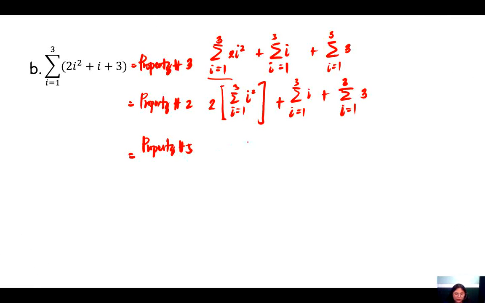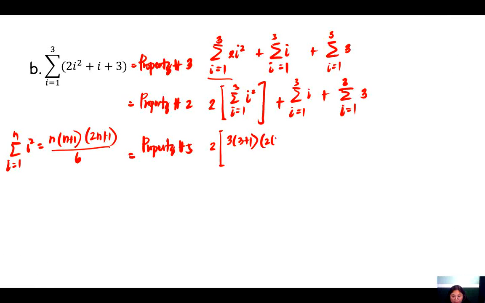Sabi dyan, if it is I squared, magiging n, quantity n plus 1 times 2n plus 1 all over 6. Do not forget that we have a constant 2 outside, okay? So what is the value of our n? 3. So we have 3, quantity 3 plus 1, quantity 2 times 3 plus 1 all over 6.